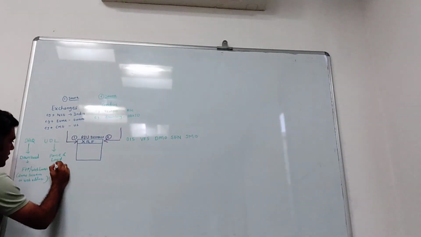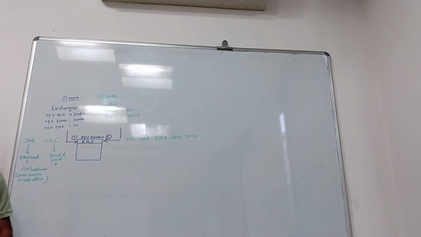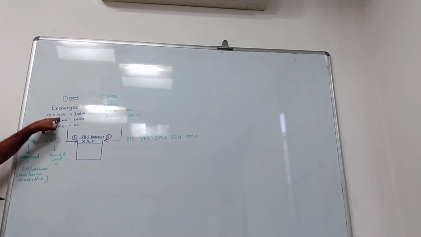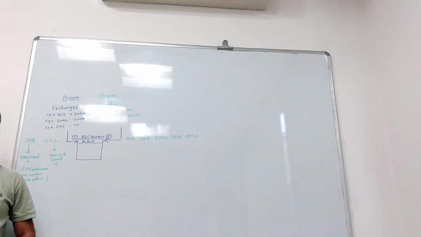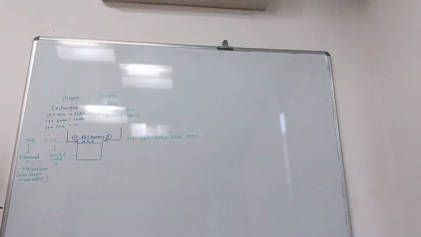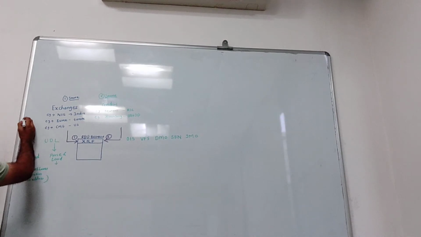So basically, how our data structure is designed. When we load data, I need to make sure that NSE data is separately loaded, Eurex data is separately loaded, and CME data is separately loaded. Right? Agree? So we have created a schema.